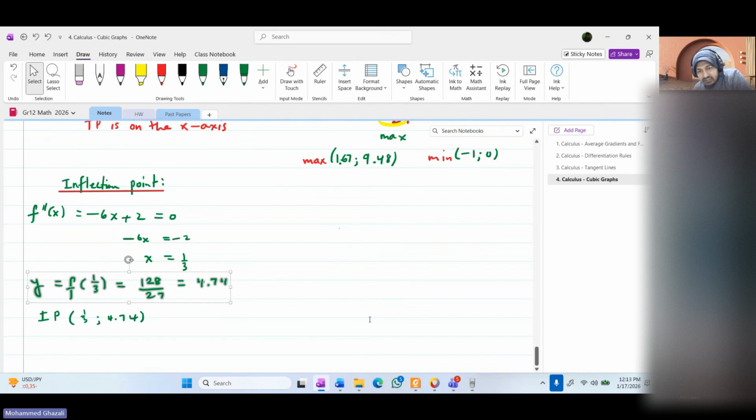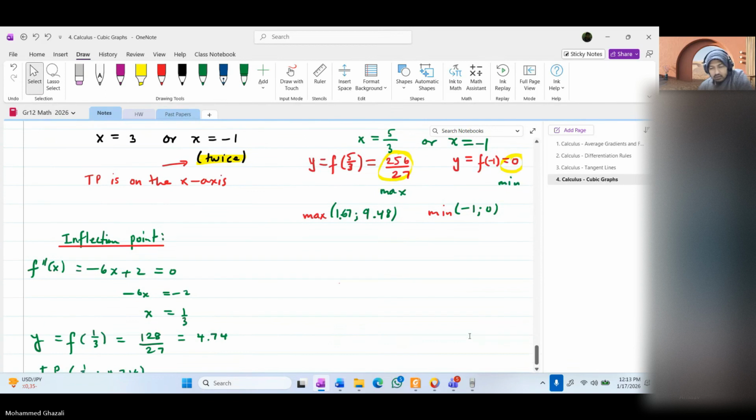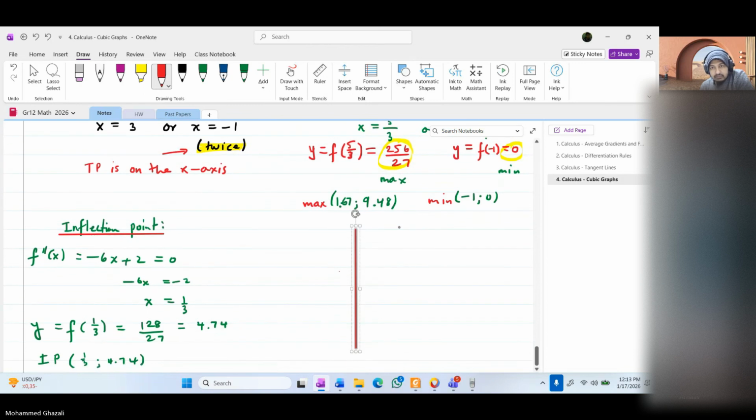Right, so I know the shape of the graph is like this. Let's start with the x-intercepts. We said the x-intercepts were 3 and -1, so the x-intercepts are done.